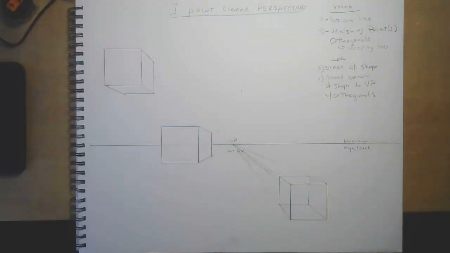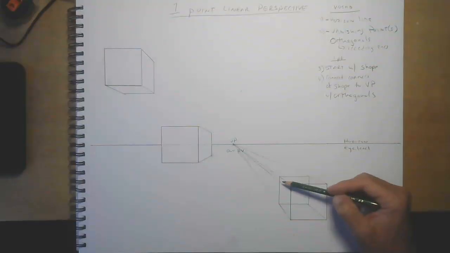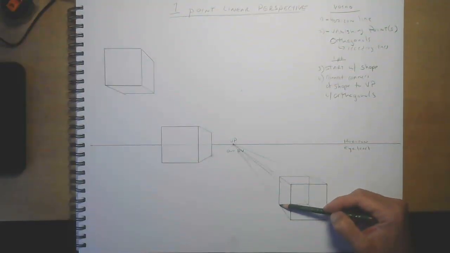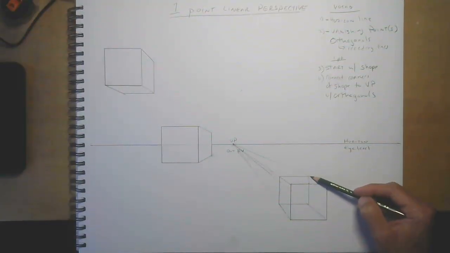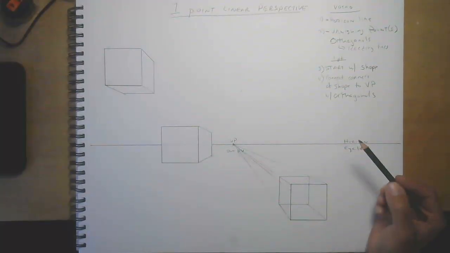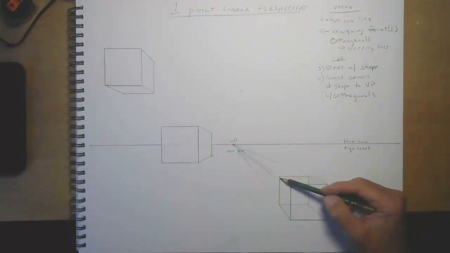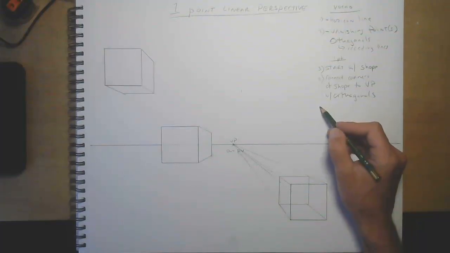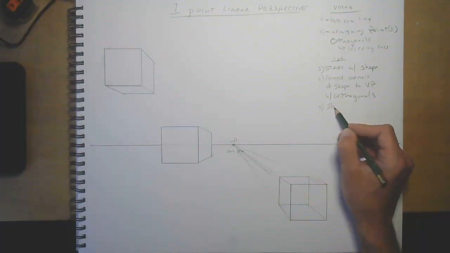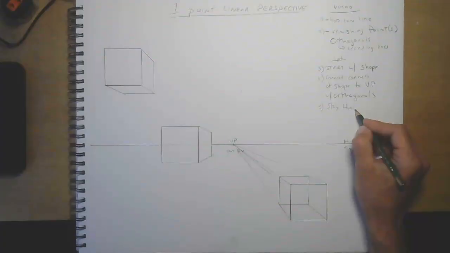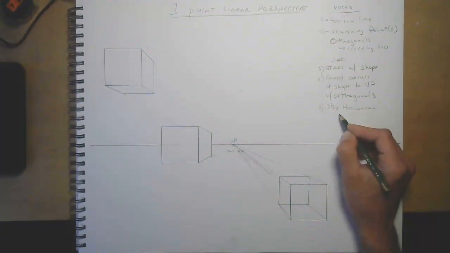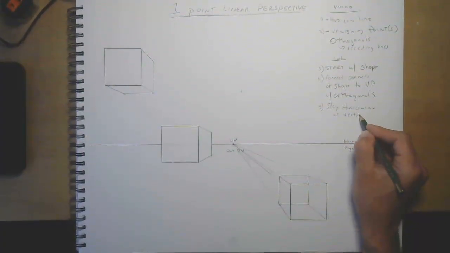So that is essentially the basics of 1-point perspective. A couple other things to just kind of know. When I'm doing my vertical and horizontal lines in between my orthogonals, these lines always stay horizontal or vertical, right?